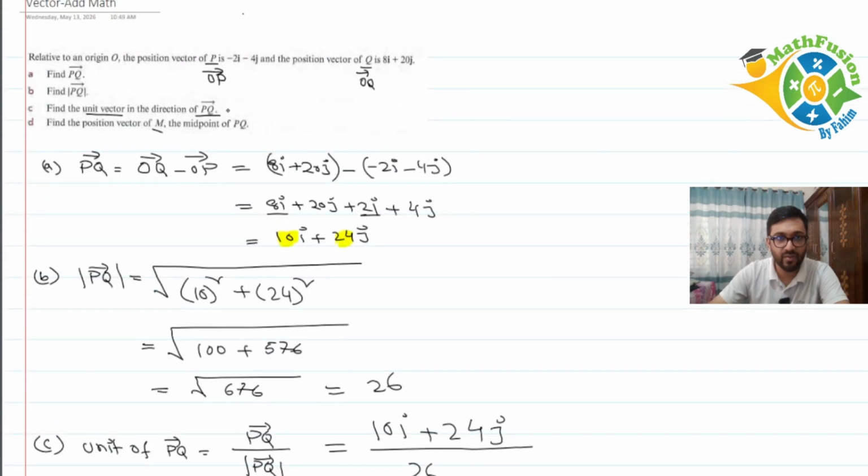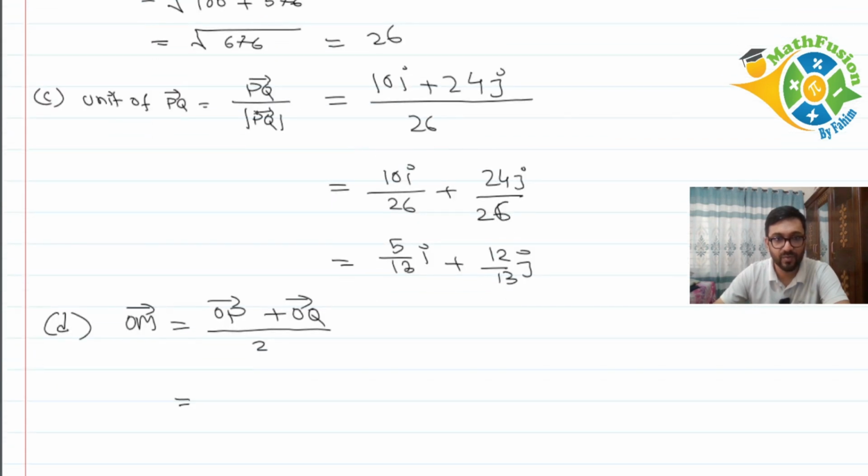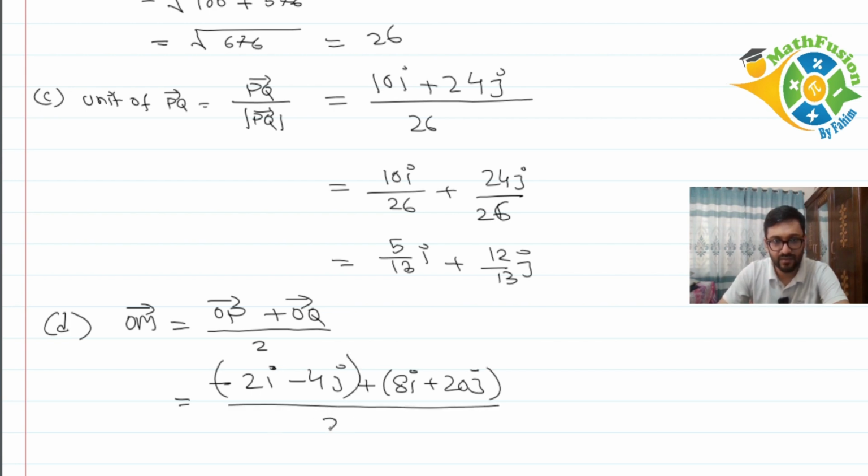We know that OP is minus 2i minus 4j, and OQ is 8i plus 20j, divided by 2.